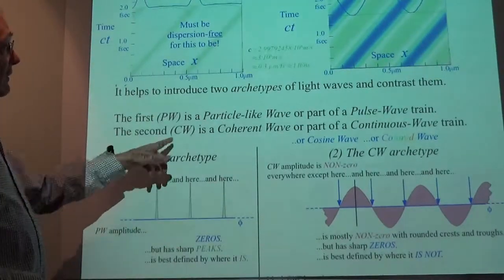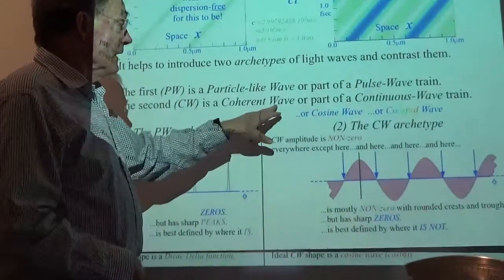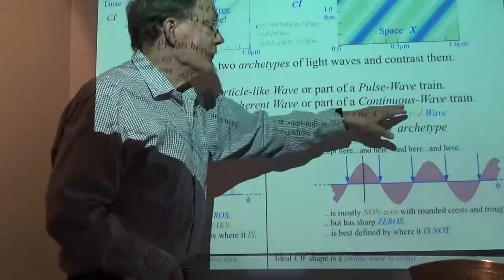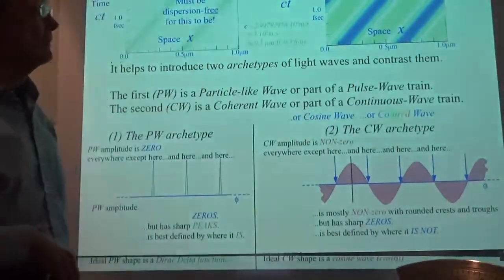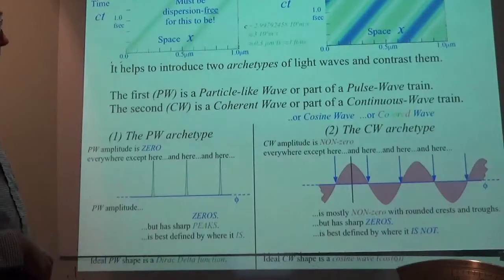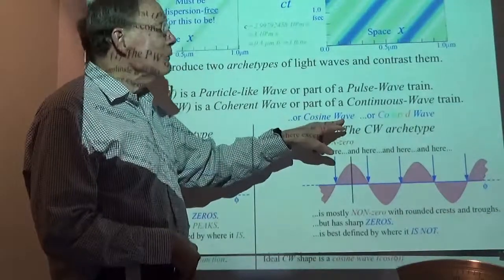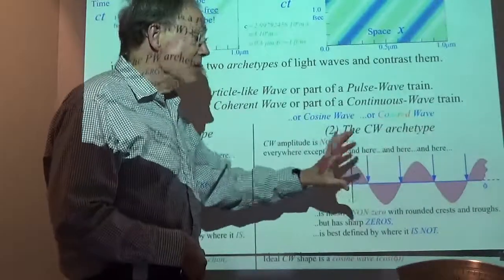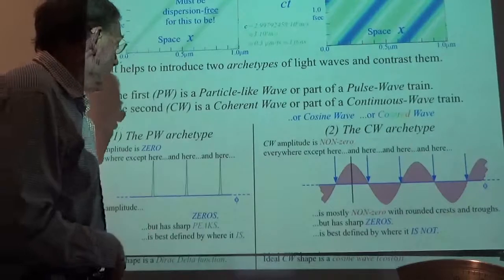The second, the CW, stands for a coherent state wave, or continuous wave. That's the proper jargon, CW. Everybody knows what CW is if you're an experimentalist in laser optics. CW also stands for cosine wave or colored wave, a wave of definite color, whereas this one is a mixture.